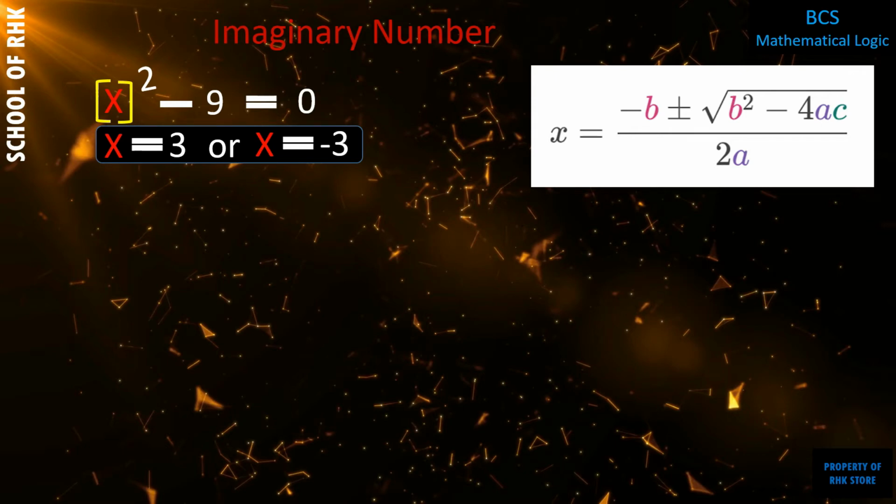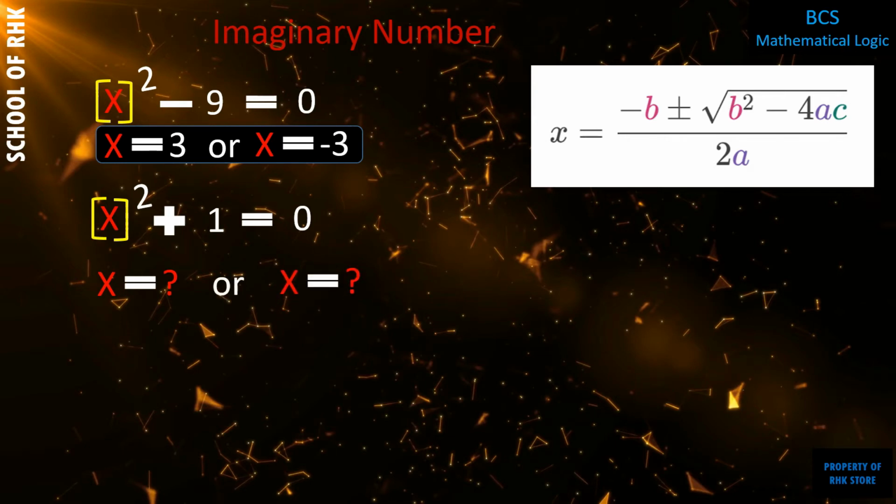Now let us try to find the value of x in x squared plus 1 equal to 0. The answer is we cannot get anything. Do you think there is a solution?